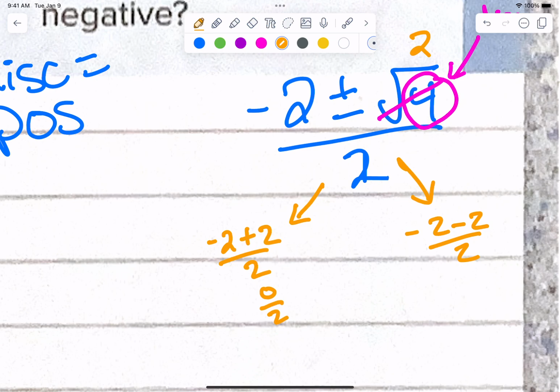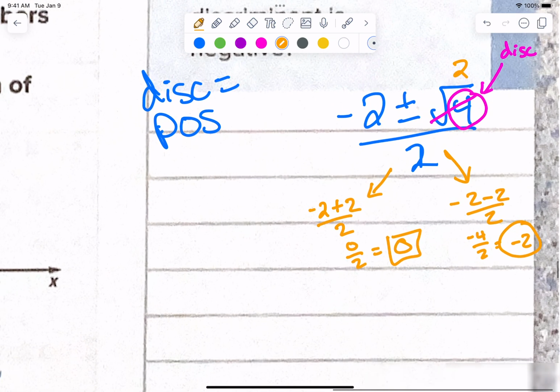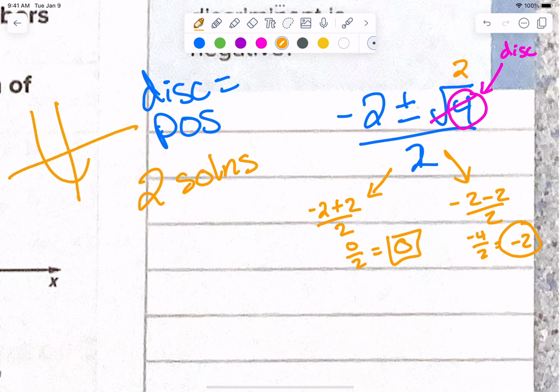This is 0 divided by 2, which is 0, okay? -2 minus 2 is -4 over 2, which is -2. So how many answers did I get when my discriminant was a positive number? 2 solutions. That means he's going to cross 2 places. If my discriminant is a positive number because of the plus and minus, I'm going to get 2 solutions. Got it? 2 places where he touches.